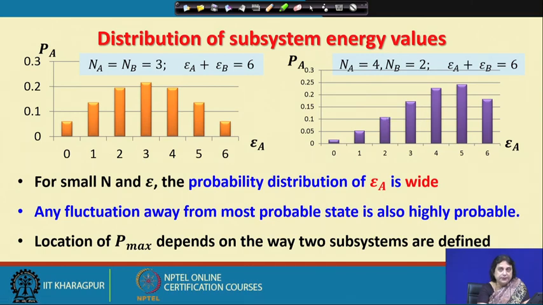Therefore, the system has a non-zero probability of residing not only in this state, which is epsilon A equal to 5, but also nearly equal probabilities of residing in the states epsilon A equal to 6 or 4, and a relatively lower, but finite, non-zero probability of being located in any of these states.